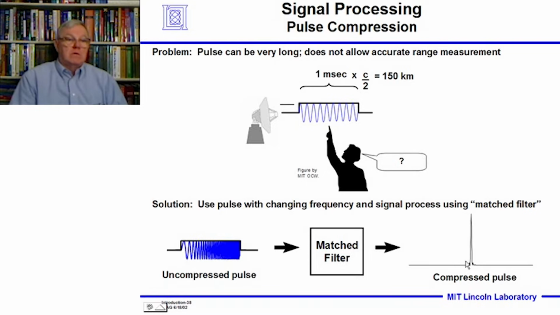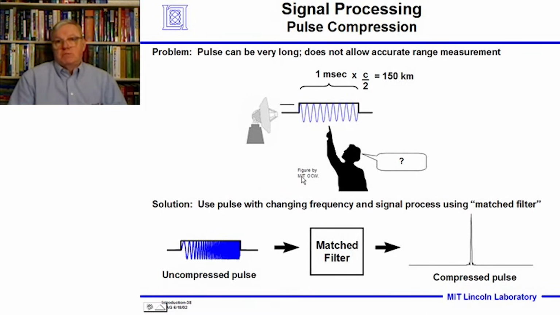And then we get out a compressed pulse, which shows very precisely where within the range corresponding to that pulse width the target actually is. So you can literally see within a pulse where it is.